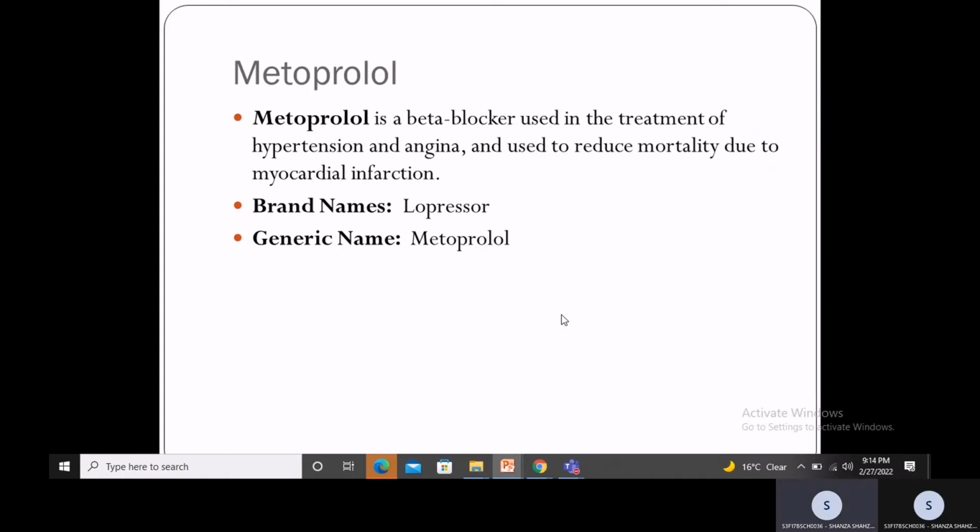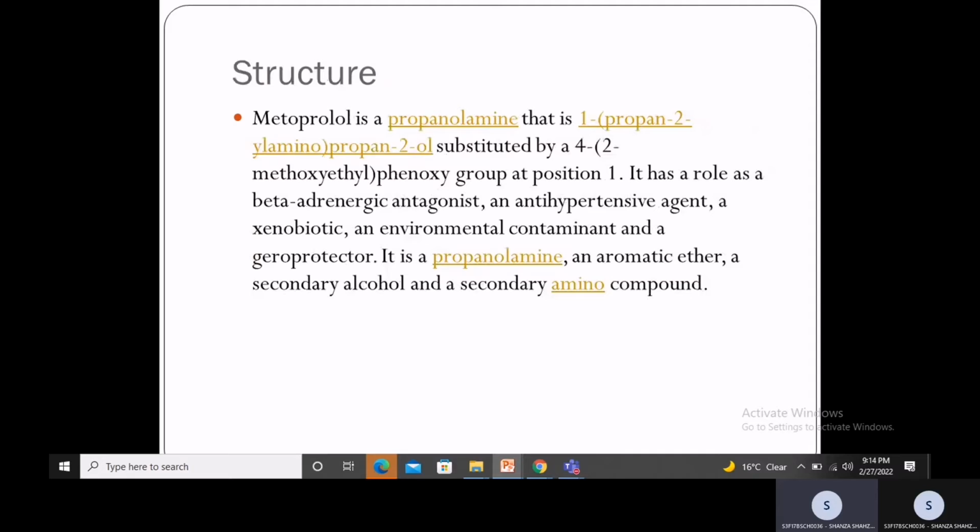Structure. Metoprolol is a propanolamine that is propan-2-ol substituted by a 4-(2-methoxyethyl)phenoxy group at position 1. It has a role as a beta adrenergic antagonist and antihypertensive agent, as a xenobiotic and environmental contaminant, and a geroprotector.